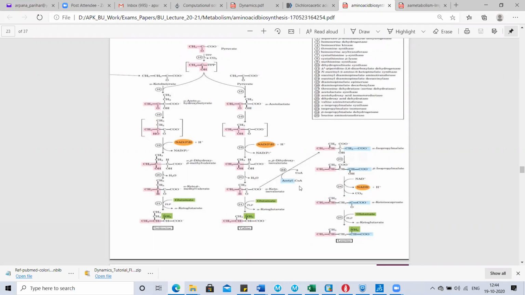So this is the overall biosynthesis. You can see here at every step there is just dehydrogenation, phosphorylation, or addition of small molecules or removal of carbon dioxide. And the overall end product is our desired amino acid.